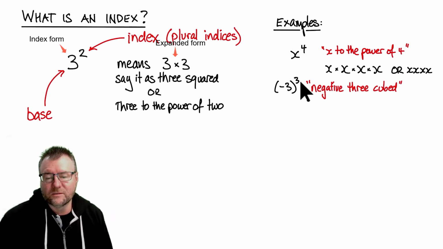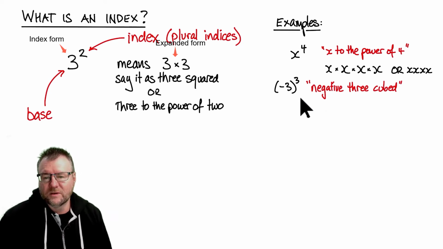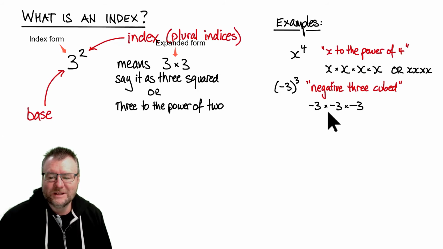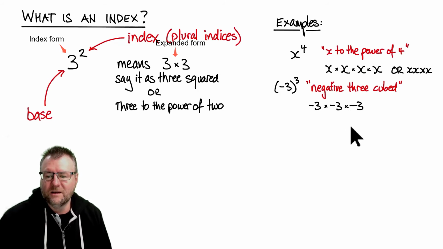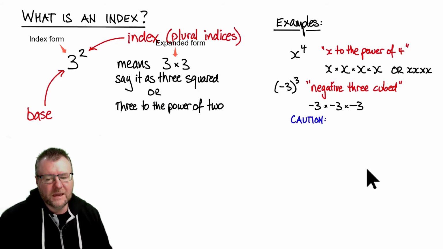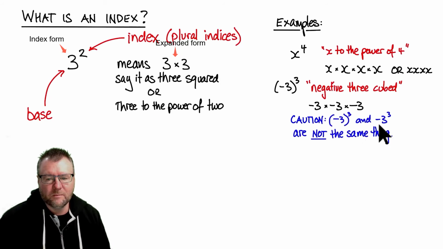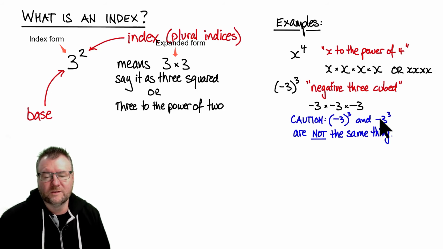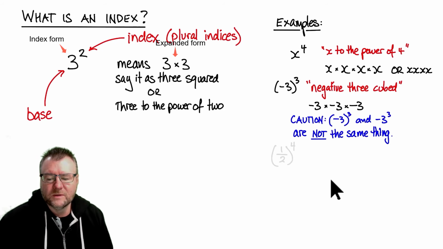If the index is 3, we would say negative 3 cubed, or we could say negative 3 to the power of 3. But all it means is negative 3 multiplied together 3 times. Be careful though, and this is what I mentioned, without the brackets, you actually get something different if you put that in your calculator. If you try to put those two things in your calculator, you're going to get different answers. So just be careful, the brackets are really important.